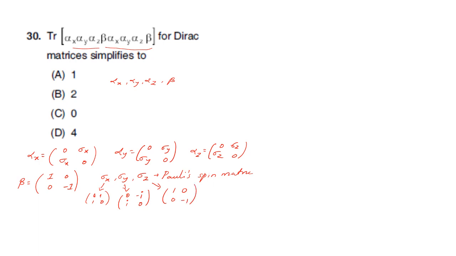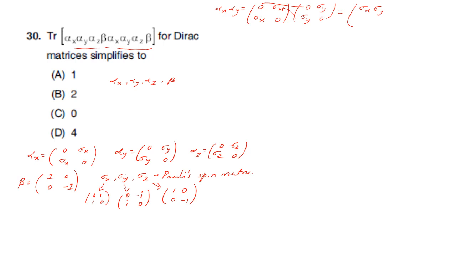Now let us consider alpha x into alpha y, that is 0 sigma x; sigma x 0 into 0 sigma y; sigma y 0, that is equal to, so this into this into this, that is sigma x sigma y.